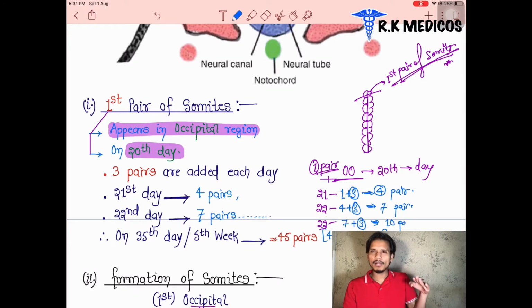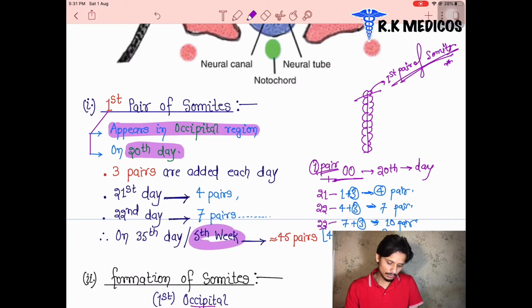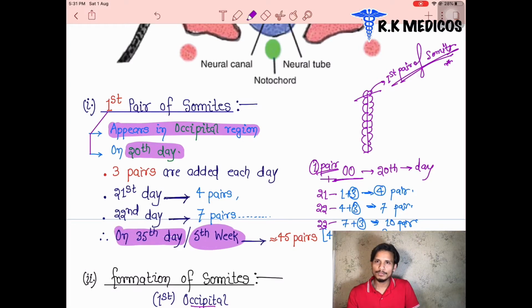So the number of somites is going to increase up to the 5th week. On the 35th day, or the 5th week, there are 45 pairs of somites formed.